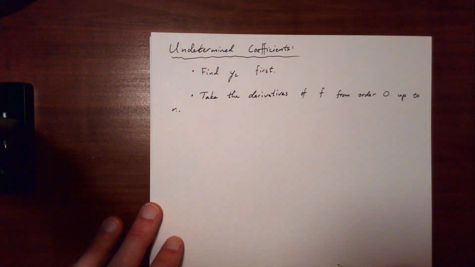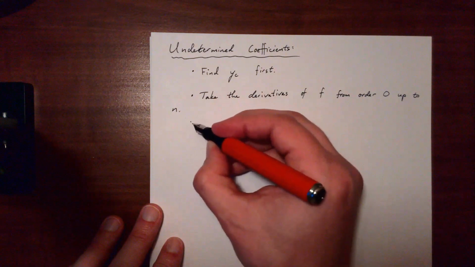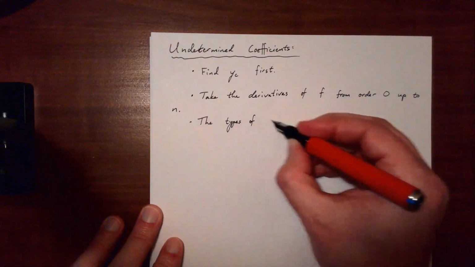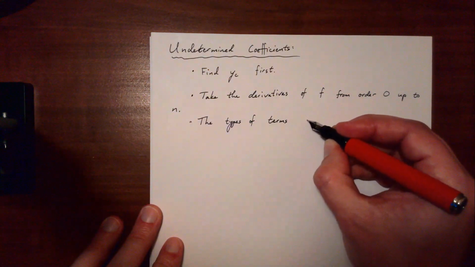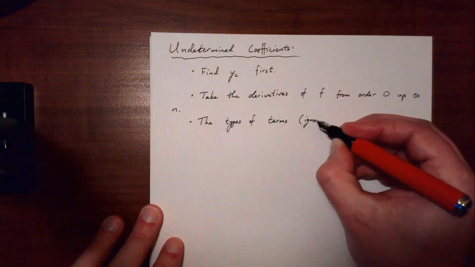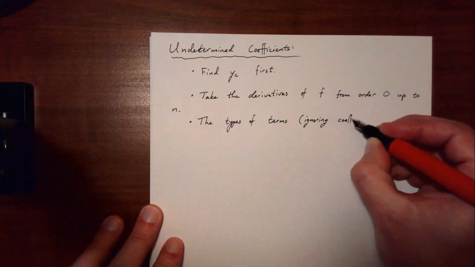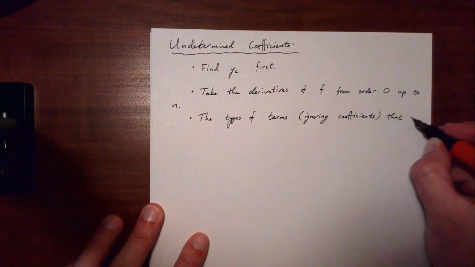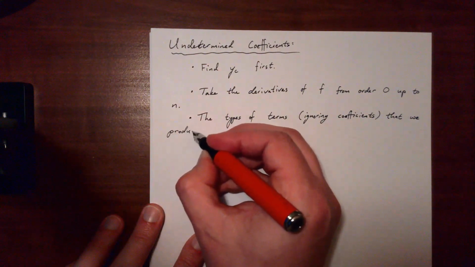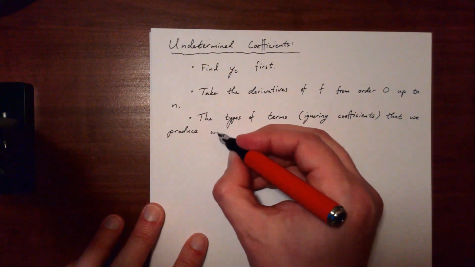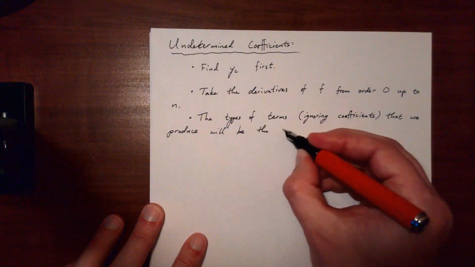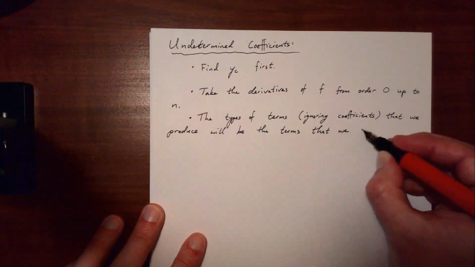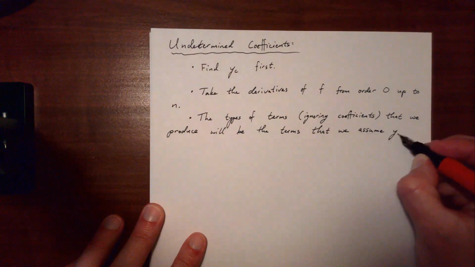And this doesn't have to be done explicitly, it can just be done in your head. And then the types of terms, ignoring coefficients, that we produce will be the terms that we assume yp is made of.